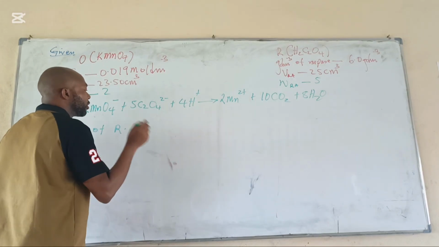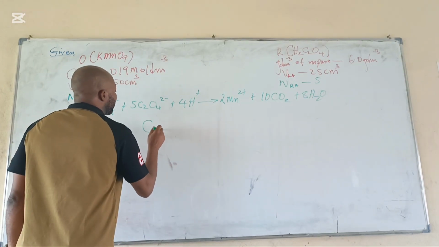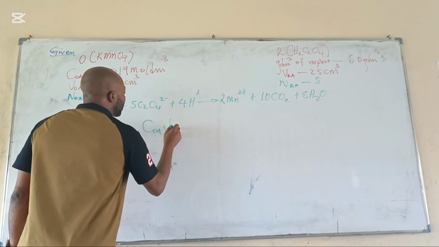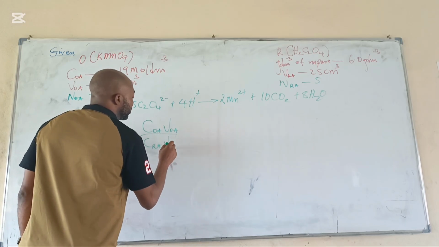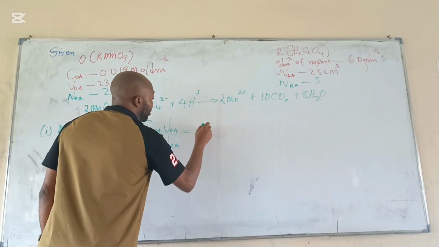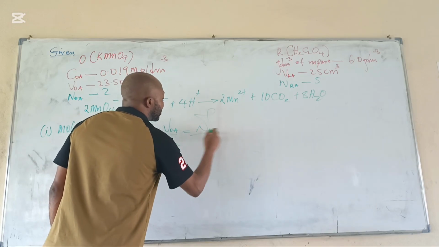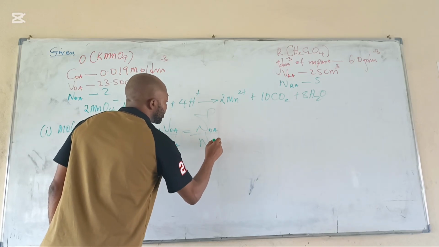For us to do that, we use the formula: the concentration of oxidizing agent times the volume of oxidizing agent over the concentration of reducing agent times the volume of reducing agent is equal to the number of moles of oxidizing agent over the number of moles of reducing agent.